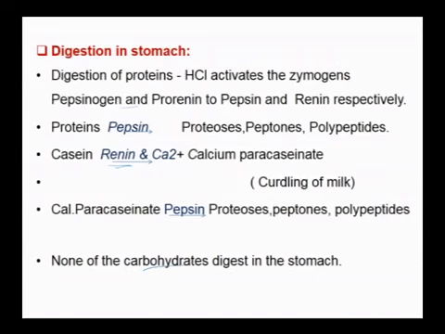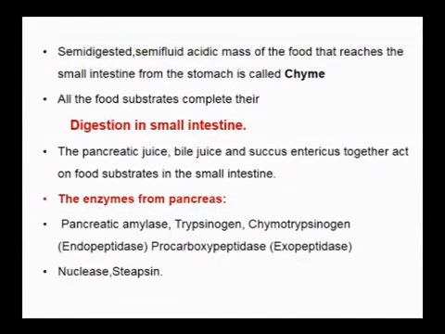Very few lipids can be digested in the stomach. The semi-digested, semi-fluid, acidic mass of food that reaches the small intestine from the stomach is called chyme. All the food substrates complete their digestion within the small intestine.